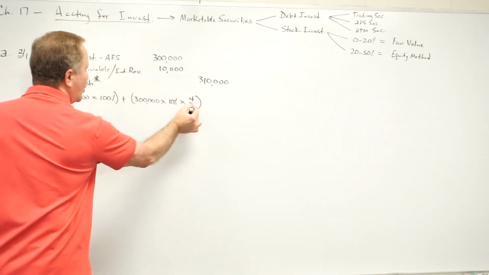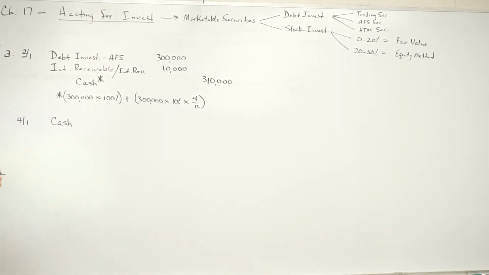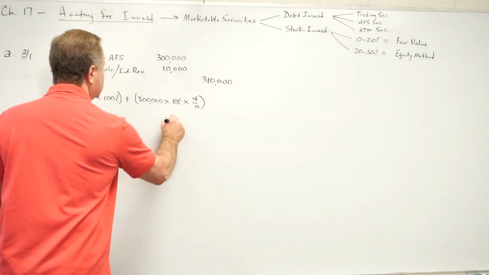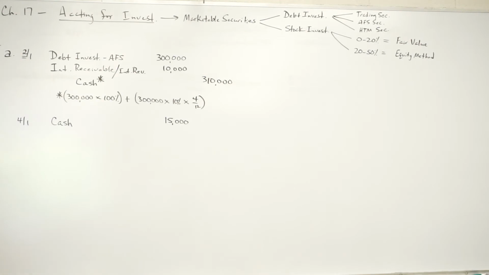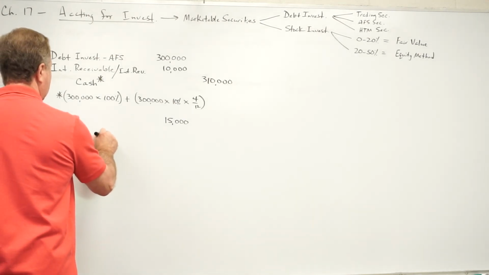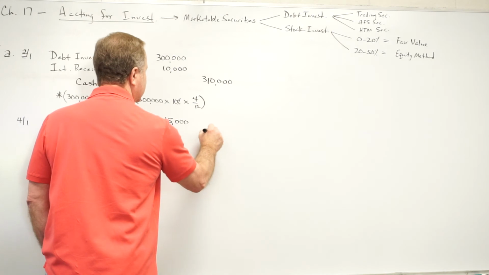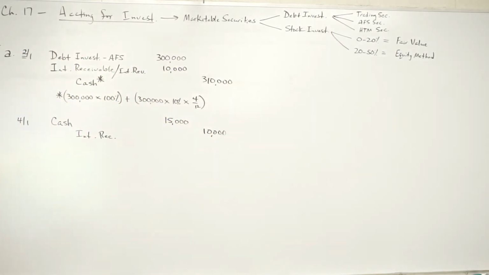Debit cash, 300,000 times 10% times 1/2 of a year. So that's 15,000. What would we credit? Interest receivable, 10,000. But now your journal entry doesn't balance.